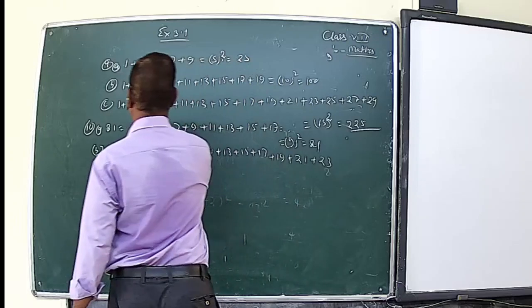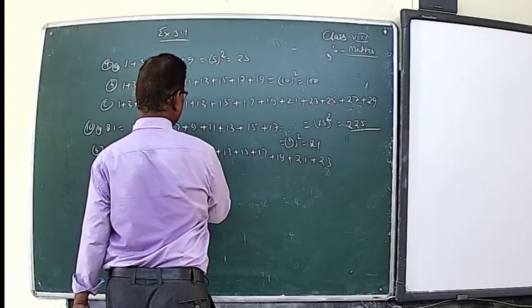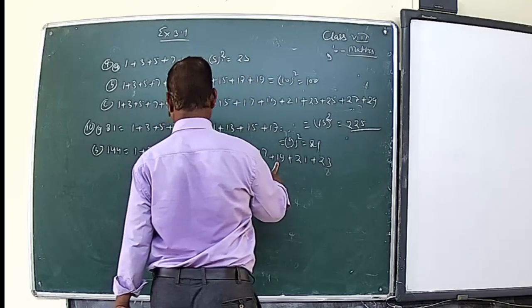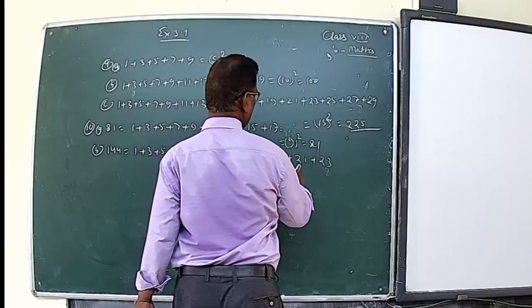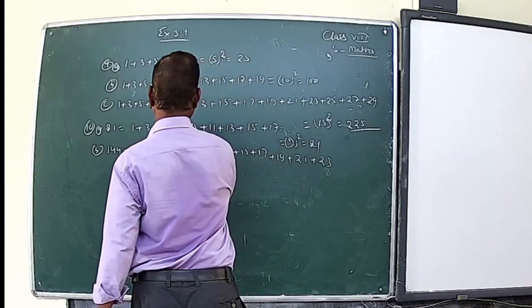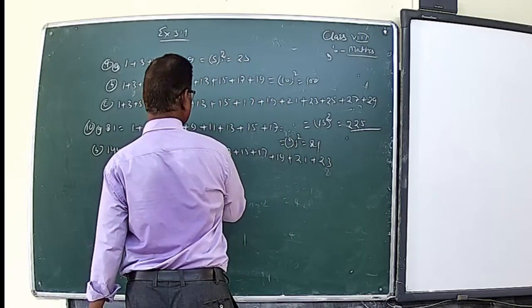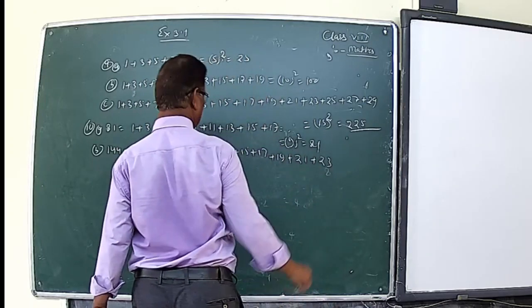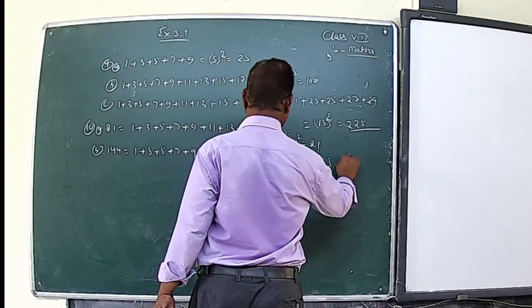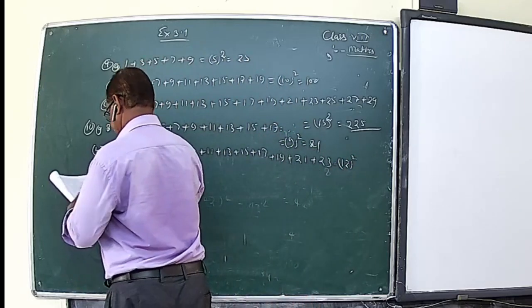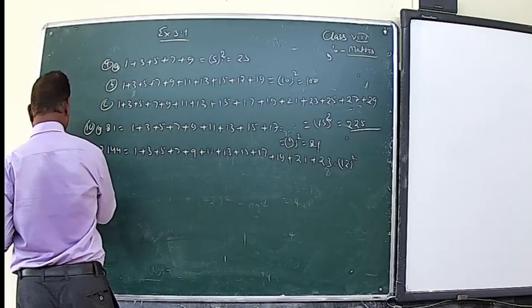How many? 1, 2, 3, 4, 5, 6, 7, 8, 9, 10, 11, 12. So that is 12 whole square, which is 144.